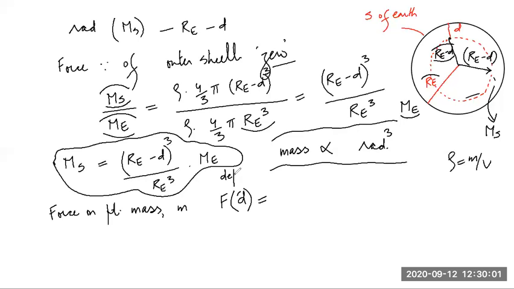Depth. The point initially was at the surface. It has gone inside. I told you it could be a mine, maybe a gold mine or something. There are mines which are dug kilometers and kilometers inside the Earth's crust, the Earth's top surface, right? So this distance could be d. But now this force is a function of d.